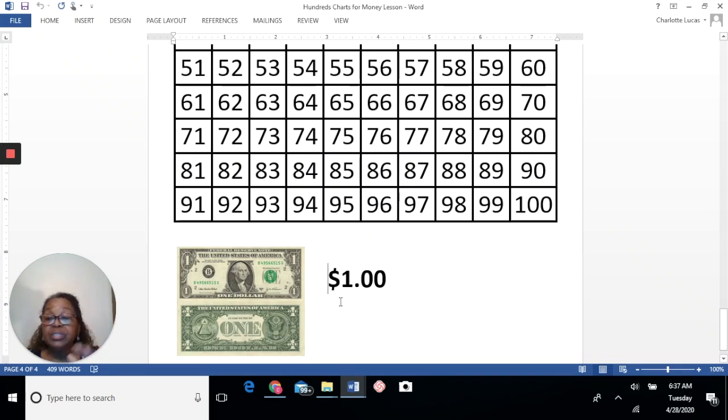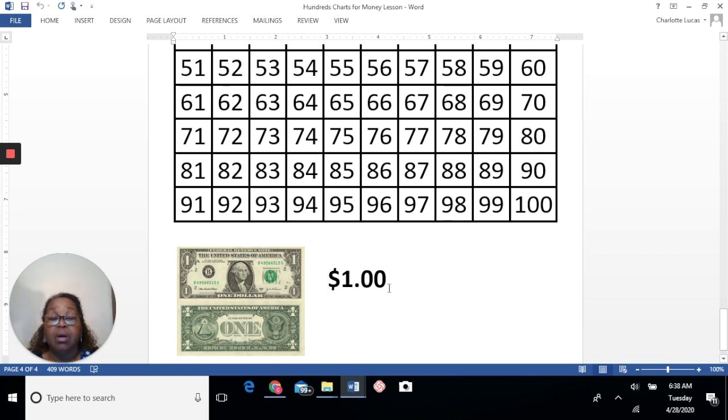It's 100% is the whole thing. All right. So 100 pennies is dollar sign, 1 decimal point, and 0 cents. No cents. $1 is $1 and 0 cents.